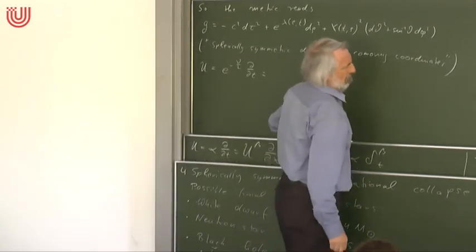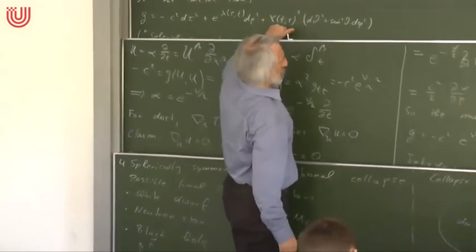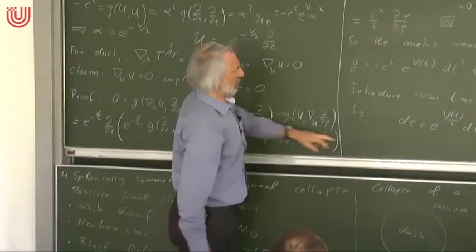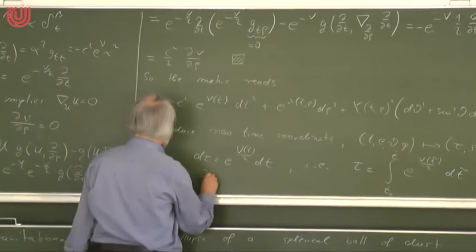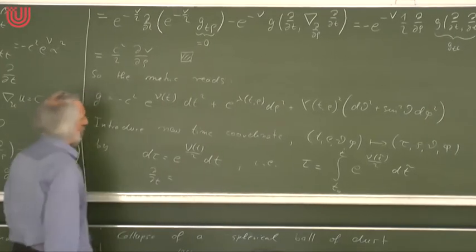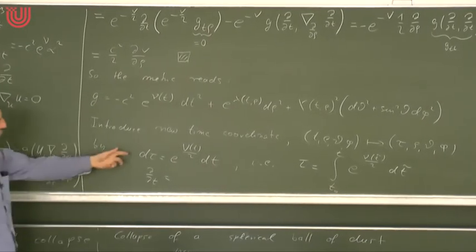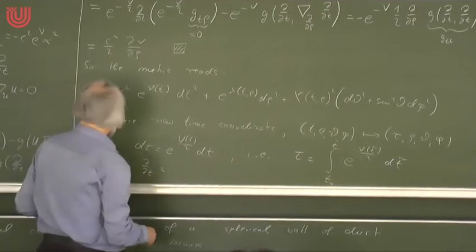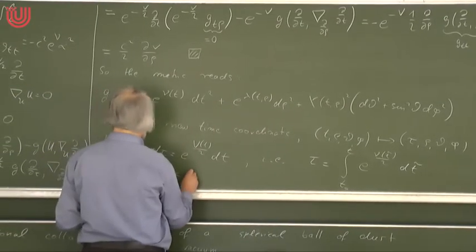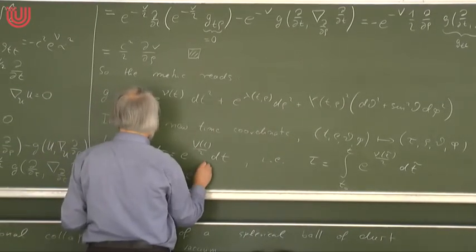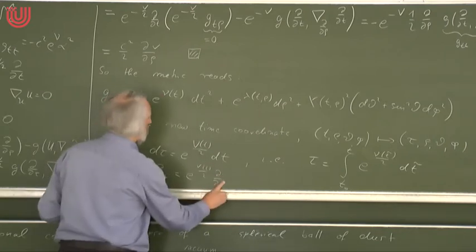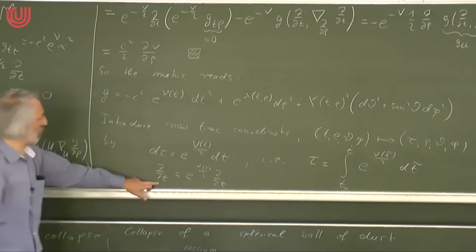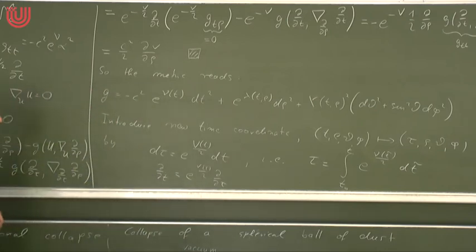If you rewrite this in terms of the partial derivatives, which are just the inverse, so d by dt is e to the nu of t half d by d tau, right? So I insert for this expression.